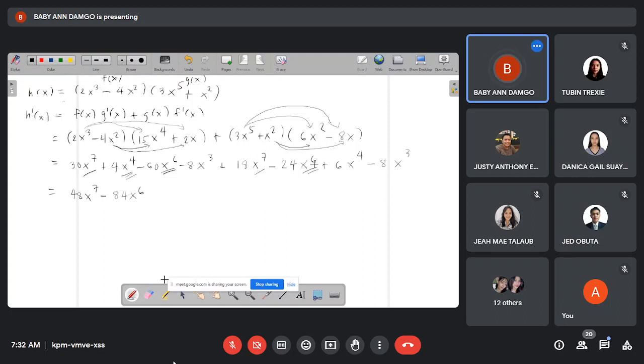Next, x to the 4th: plus 10x to the 4th. The last is minus 16x cubed. Okay? So, we match, class? Students? Yes, yes, miss.